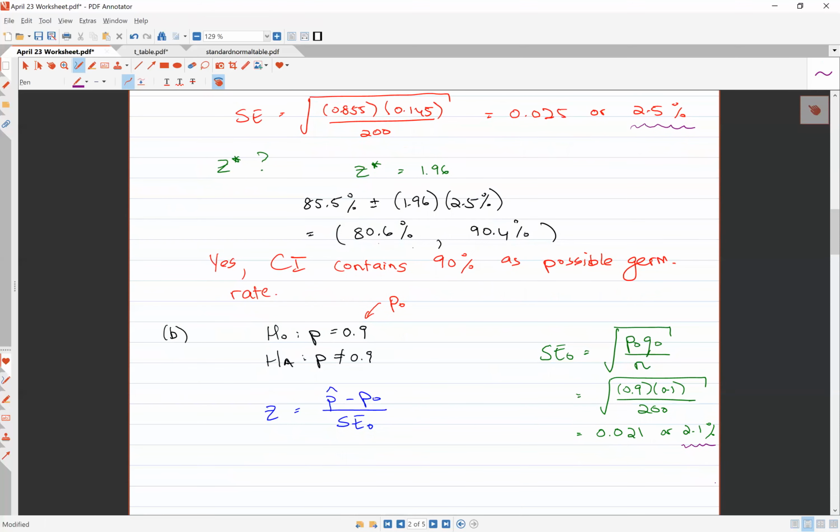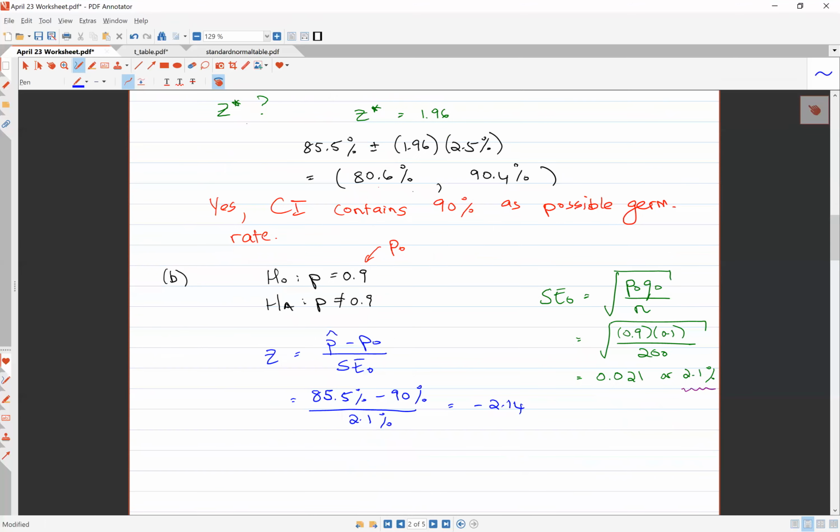But let's follow through on this one. So our Z-test will be our estimate of 85.5% minus our null value of 90% divided by our standard error of 2.1%, which gives us a Z value of negative 2.14.